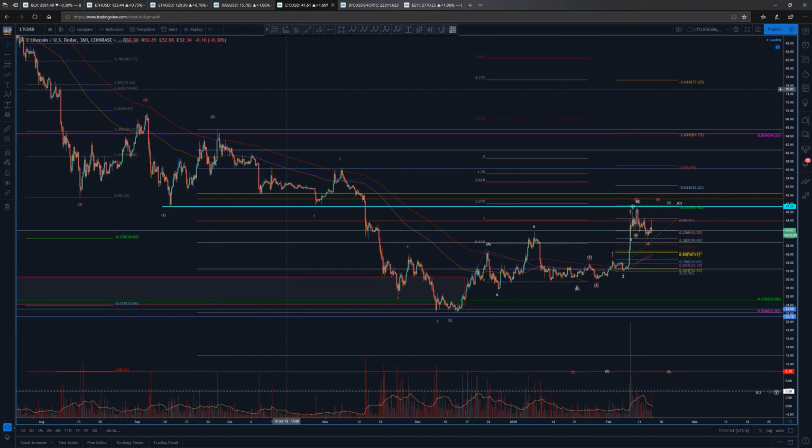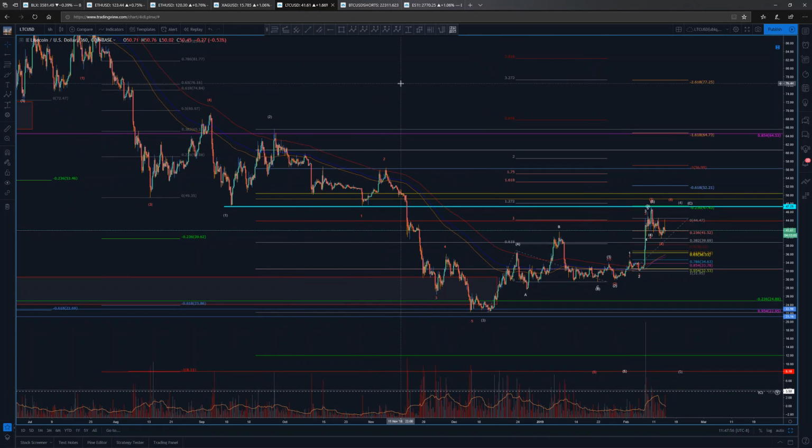Okay, so like the shorter video I showed you, this can work two ways. This can work as a running flat for this fourth, and then we put in 1, 2, 3, 4, 5, and the bottom is in. But it also works as this was A, B, C, because if you look at the fib relationships, almost to the tick of the 1.272.